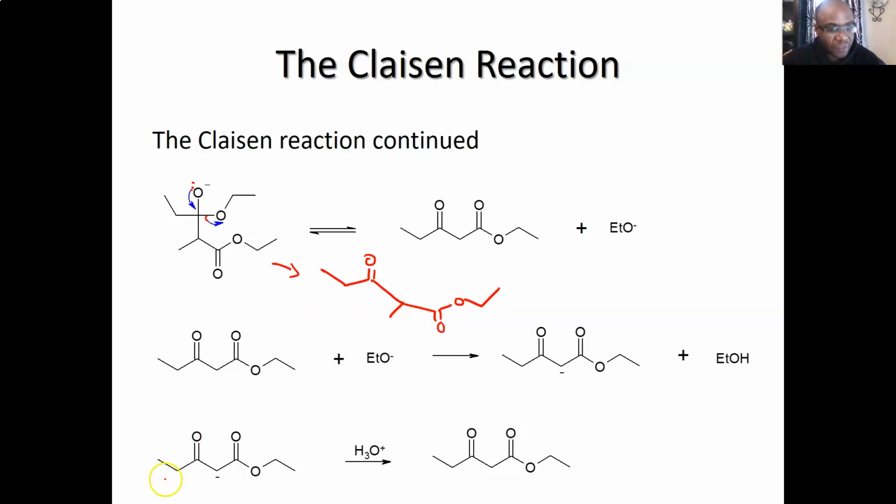Okay, so there's something missing here. That should be a methyl group.